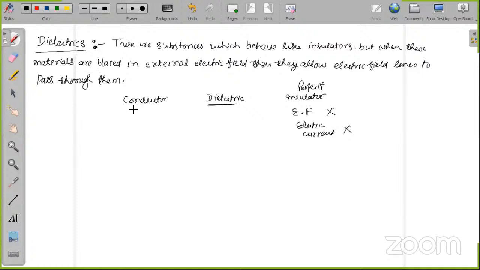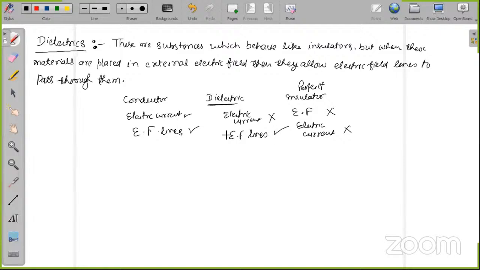In a conductor, electric current can pass, electric field lines can pass. But in a dielectric, electric current cannot pass and electric field lines can pass.